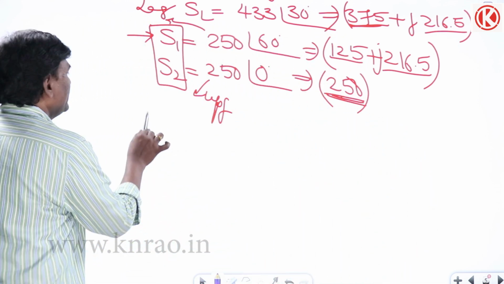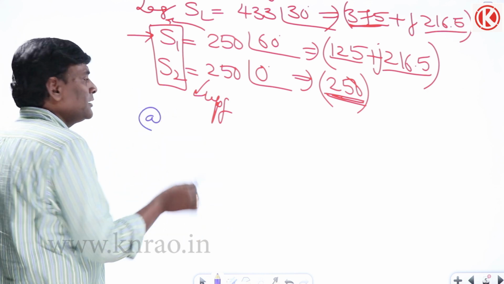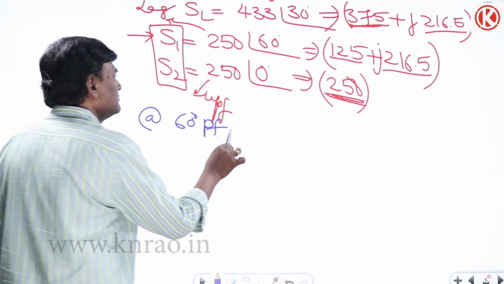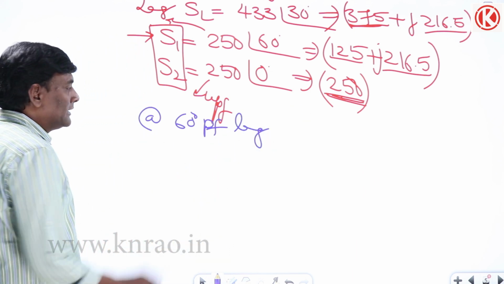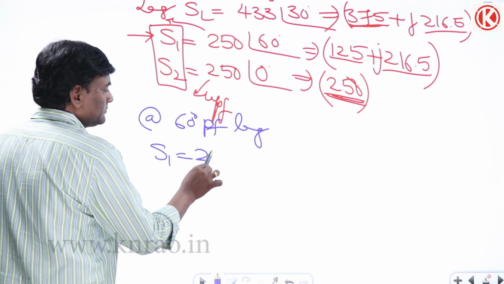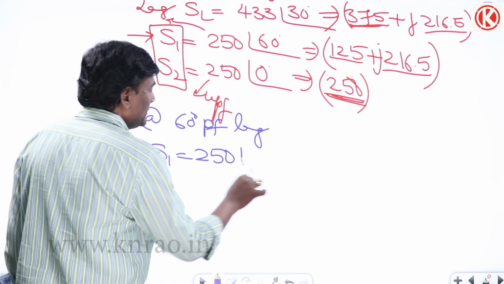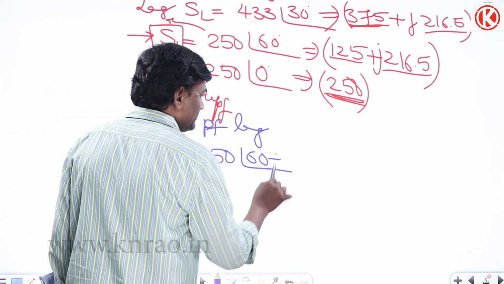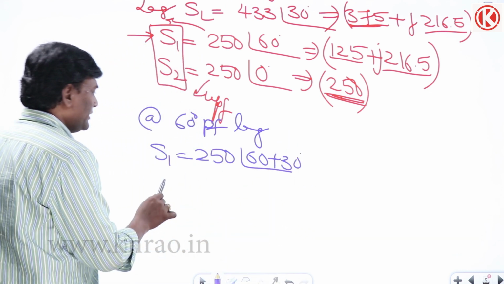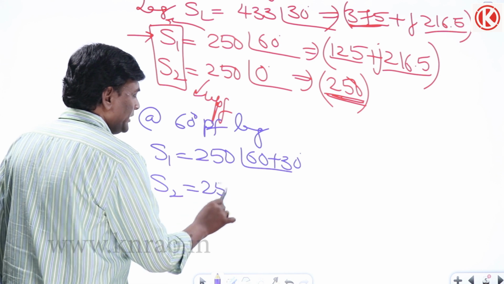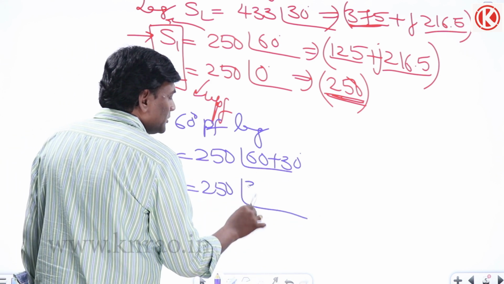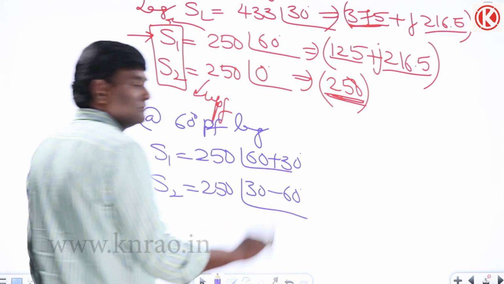If I think of V rated, I rated only, but at 60 degrees power factor lag, then S1 is going to be 250 V rated, I rated at an angle of 60 plus 30, and S2 is going to be 250 at an angle of 30 minus 60.